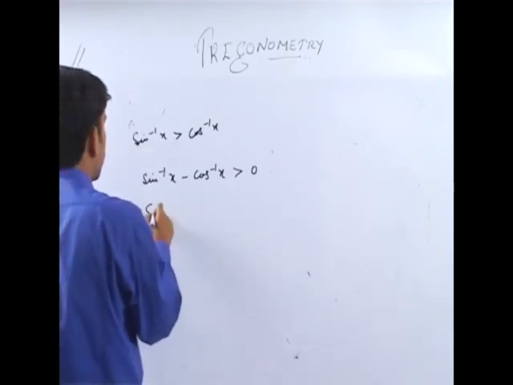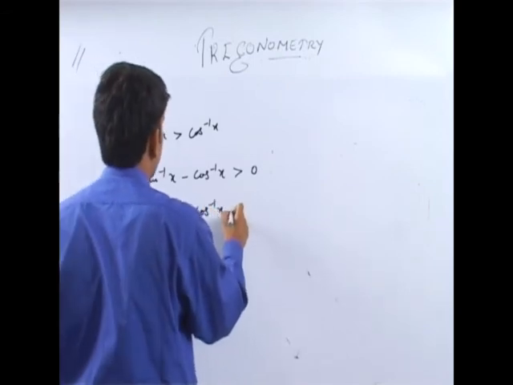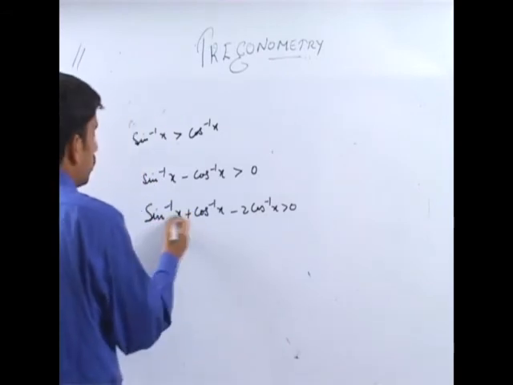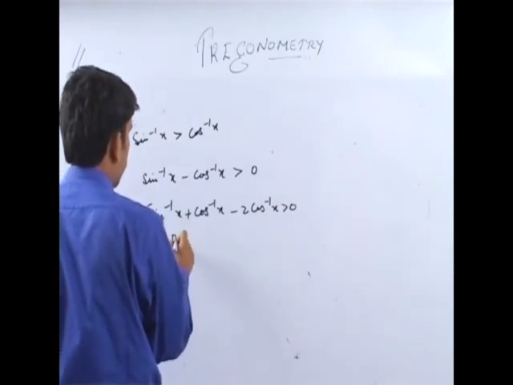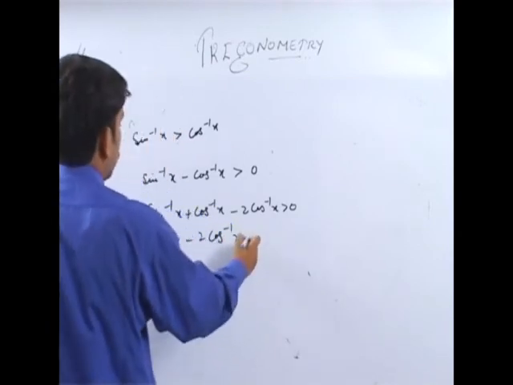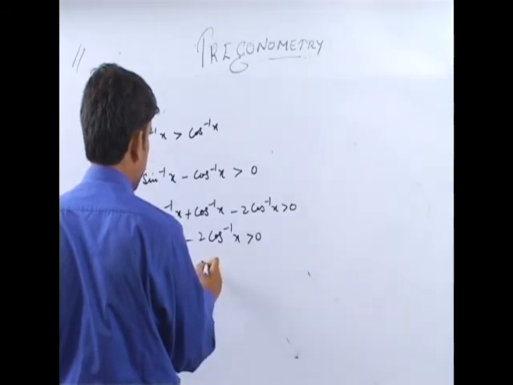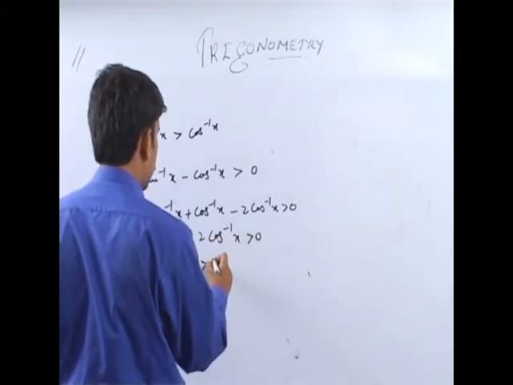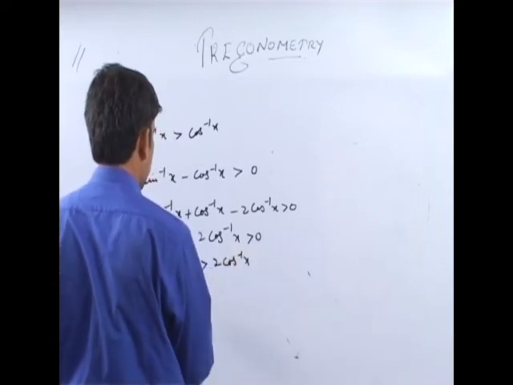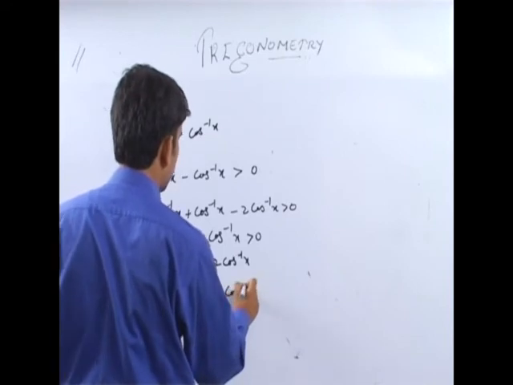Now add and subtract cos inverse x, you will get sine inverse x plus cos inverse x minus 2 cos inverse x greater than 0. Now this will be pi by 2 minus 2 cos inverse x greater than 0, and pi by 2 greater than 2 cos inverse x, and this will become pi by 4 greater than cos inverse x.